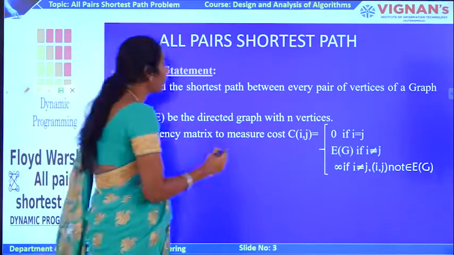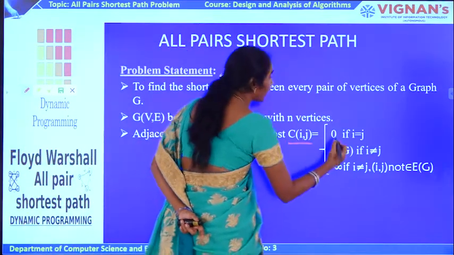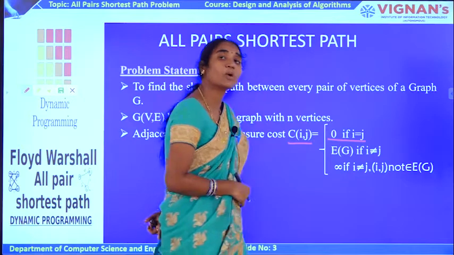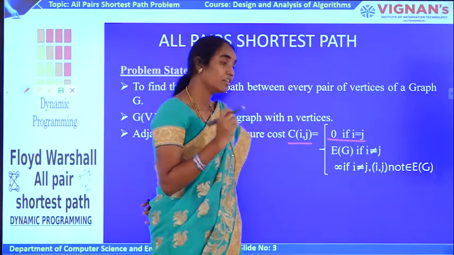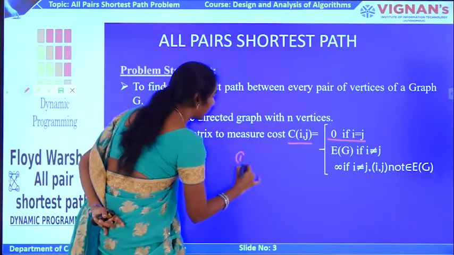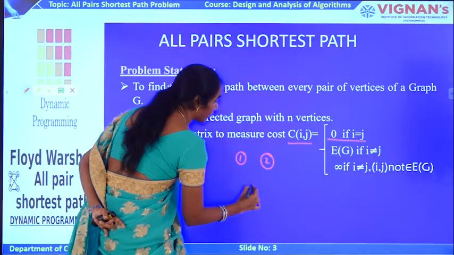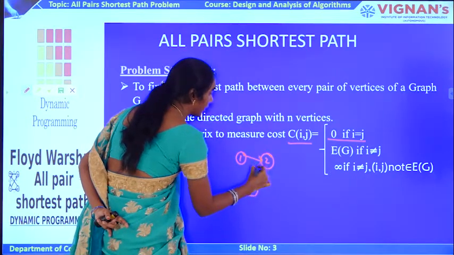So, cost of i, j is equal to 0 if i is equal to j. For suppose I am having a graph like this.